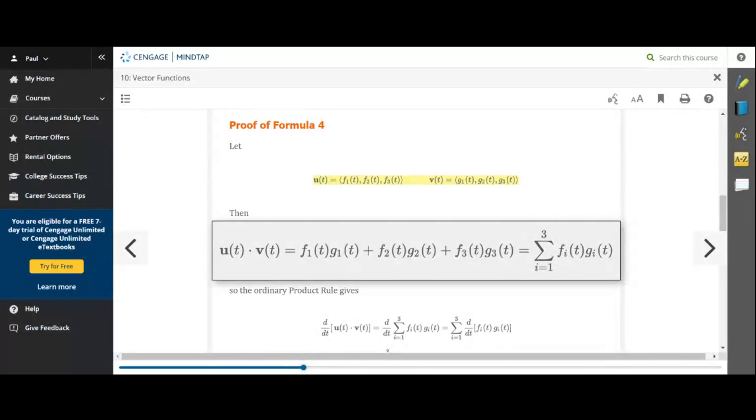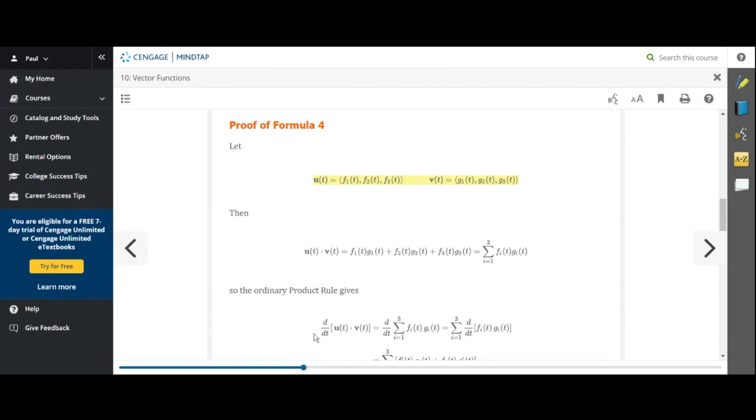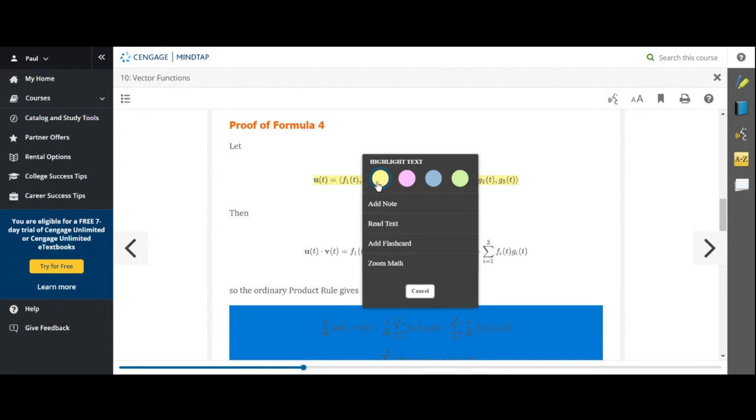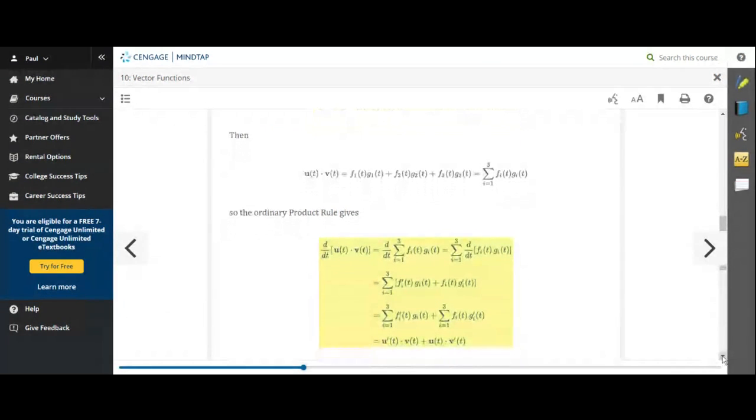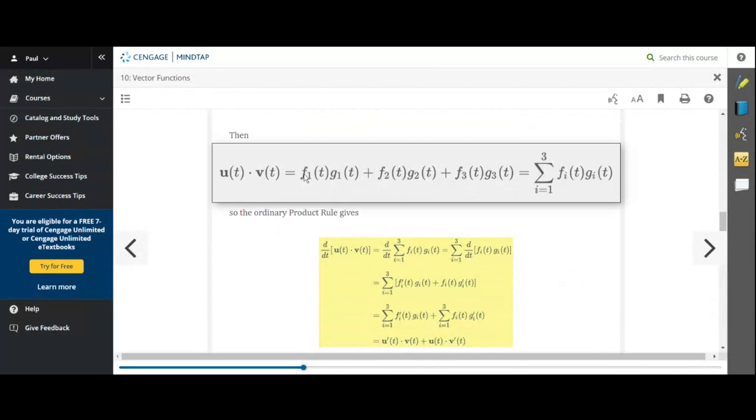Okay, so differentiating the dot product is the same as taking the derivative of that summation of those product functions. But the derivative of the sum is the sum of the derivatives.